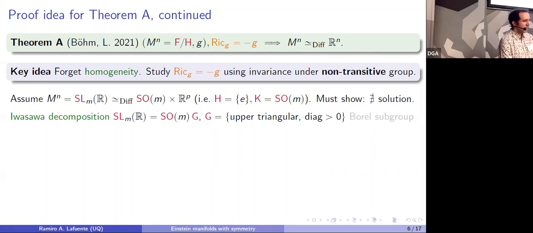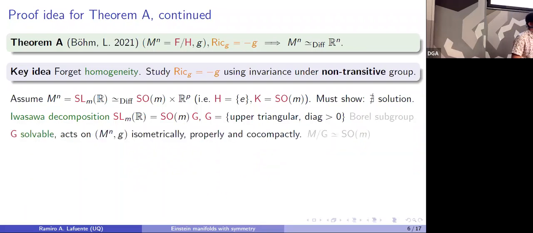And instead of looking at the Einstein equation as a left invariant metric on SL(n,R), we only use the fact that G acts by isometries on this Riemannian manifold. Okay. Which seems a bit stupid because you had so many symmetries and you are throwing most of them away, right? But again, the fact that it's solvable and the fact that we understand Ricci curvature in the solvable case much better, that's what's behind this idea.